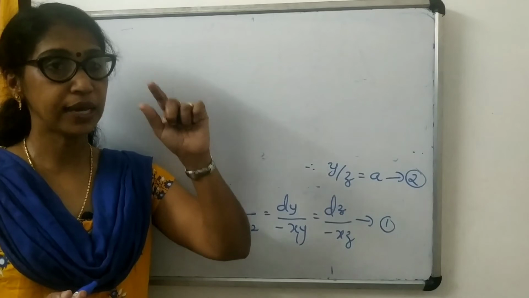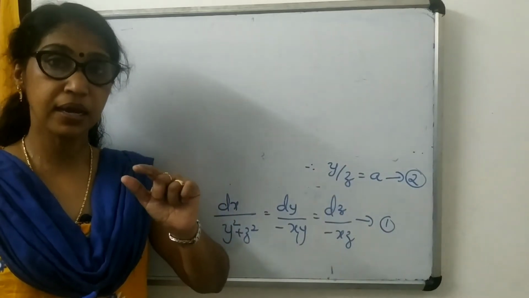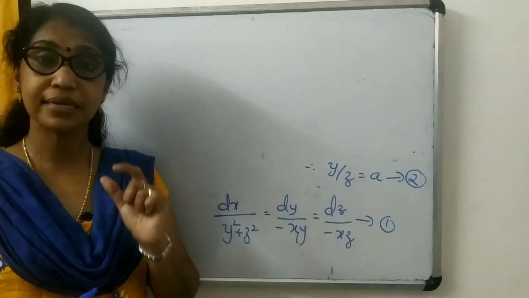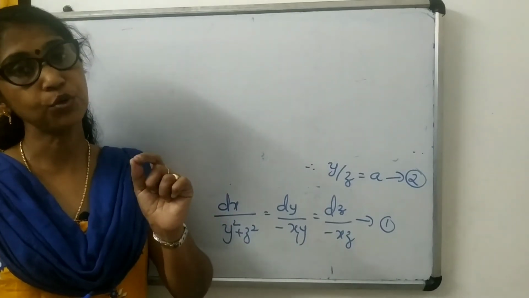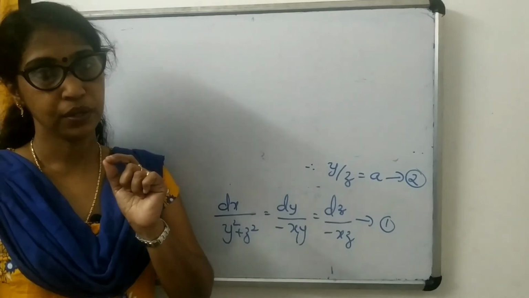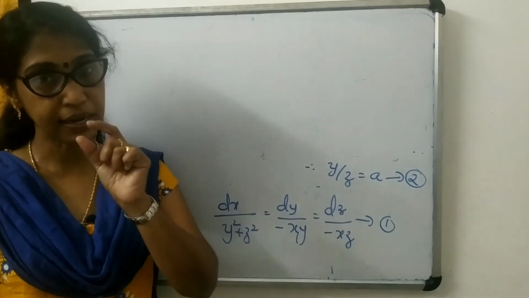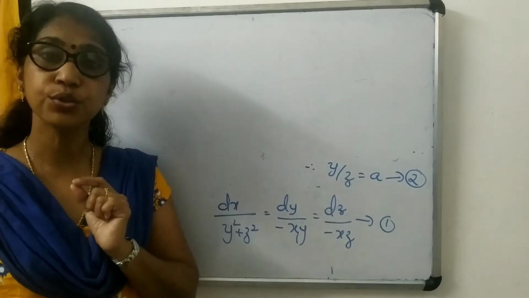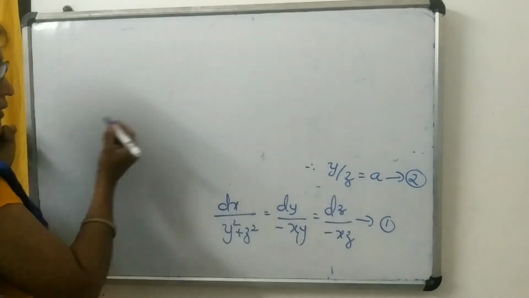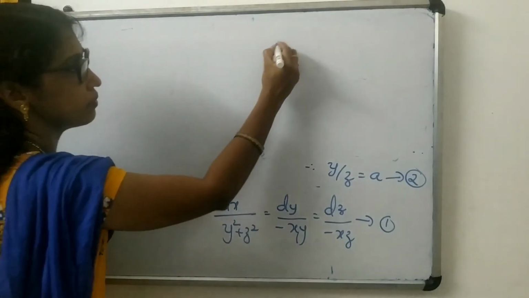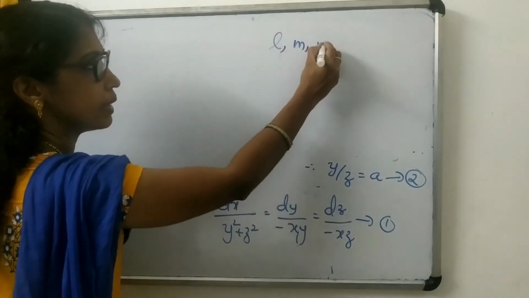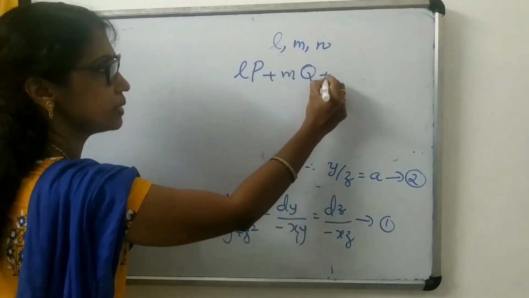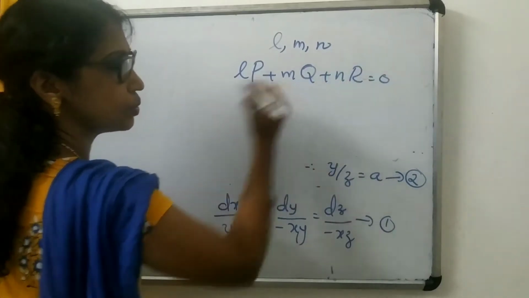What is that ratio? (lP + mQ + nR), where l, m and n can be chosen in such a way that lP + mQ + nR is equal to 0. Okay, we have to select l, m and n in such a way that lP + mQ + nR is equal to 0.